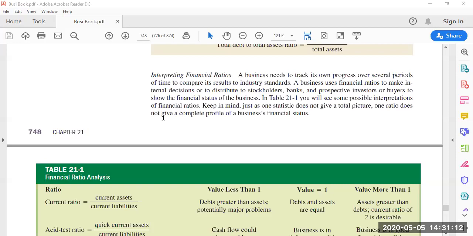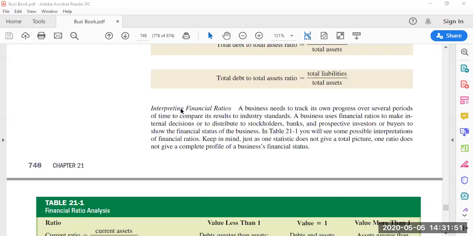Now, in this chapter, table 21-1, we can see the financial ratio analysis. It's very important to look at this and understand what the numbers should mean in general. But just know that businesses, lending institutions, and investors are very in tune to these financial ratios to determine the health of a company, to determine whether it is good to invest in that company or good to lend to that company.